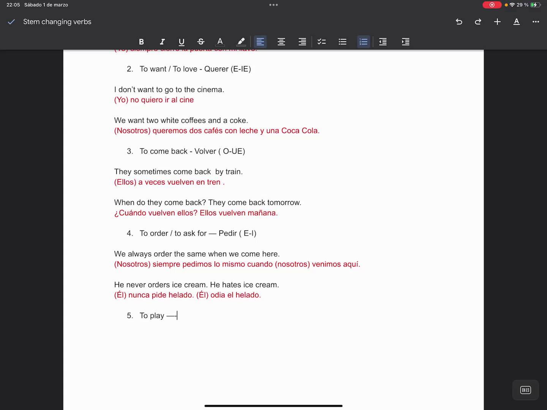That's the verb. Stem changing and a unique verb, because this verb is the only one in its category. Why? Because this verb is stem changing because the U becomes a UE, following the boot. UE.